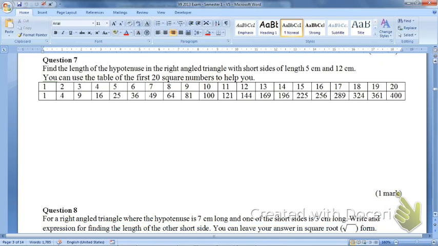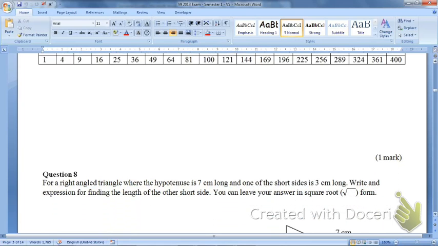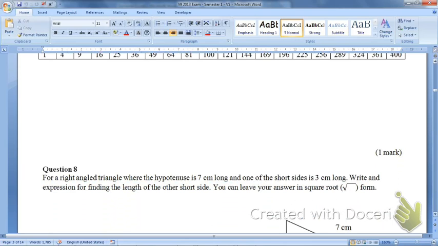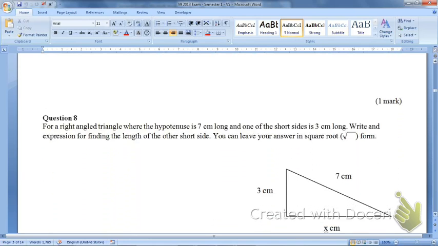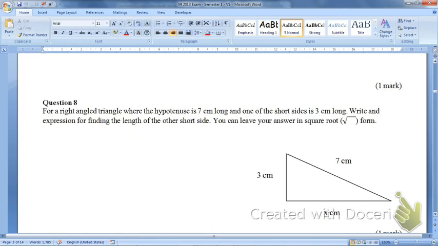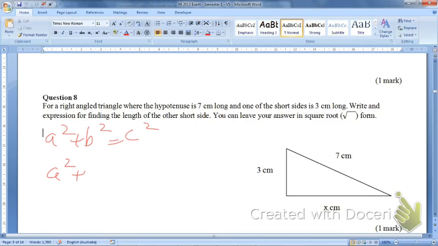Okay, question 8. For a right angle triangle where the hypotenuse is 7 centimetres long and one of the short sides is 3 centimetres, write an expression. You don't need to work out the last of it. You've got a squared plus b squared equals c squared. A squared plus one of the sides was 3, so it's 3 squared equals 7 squared.